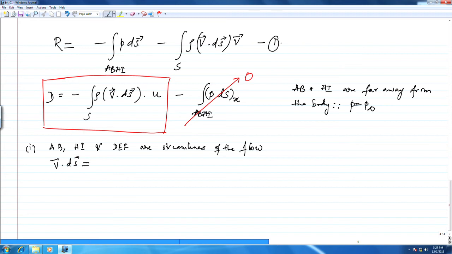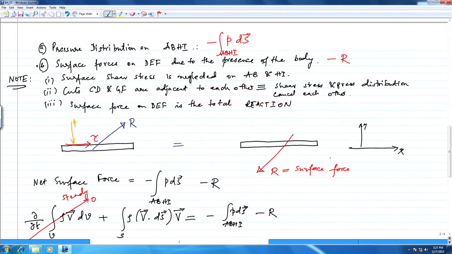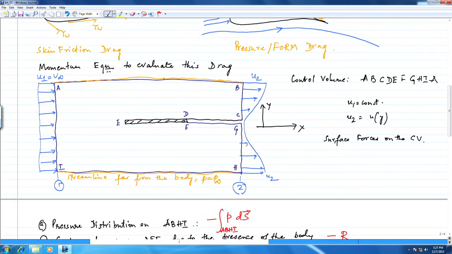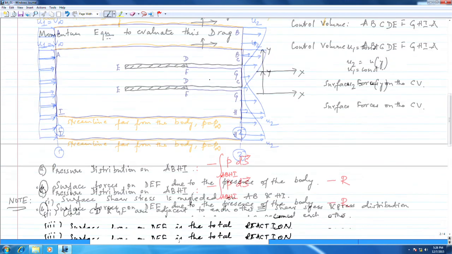So, if you have the boundary, ds is going to be directed somewhere like that, and your velocity is directed something like this. If you do a dot product, what do you get?